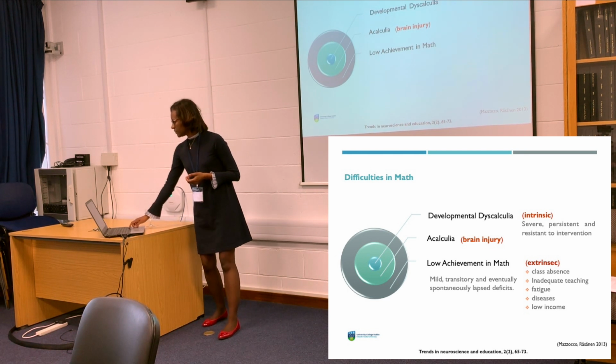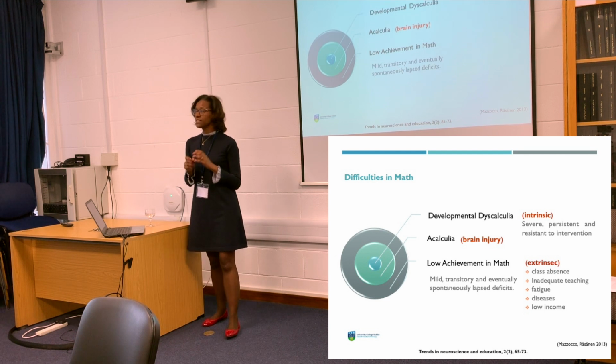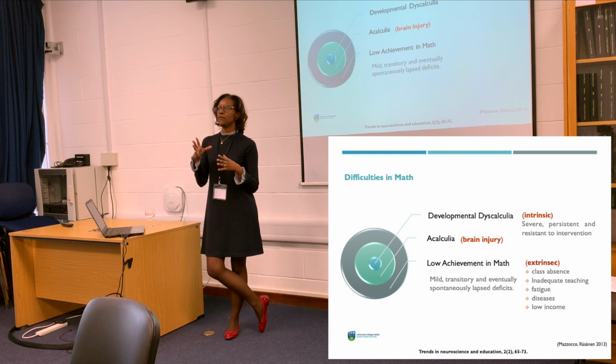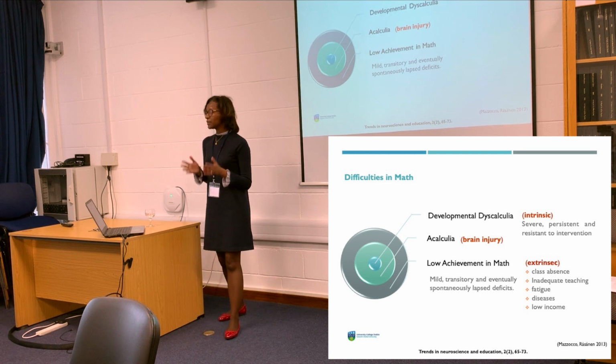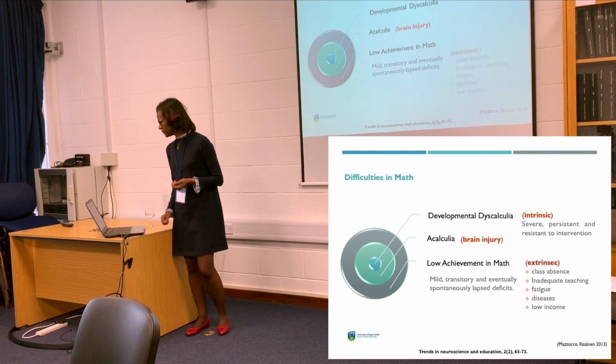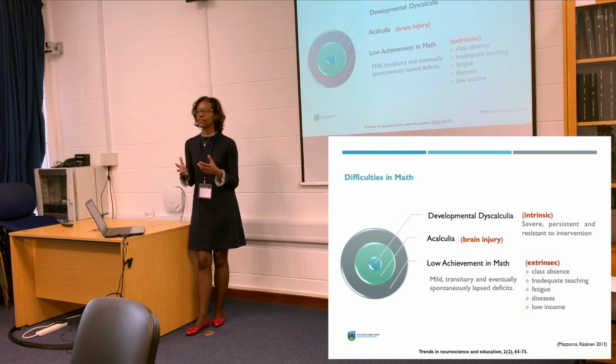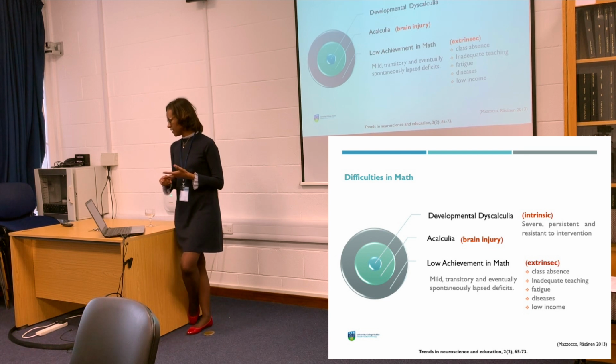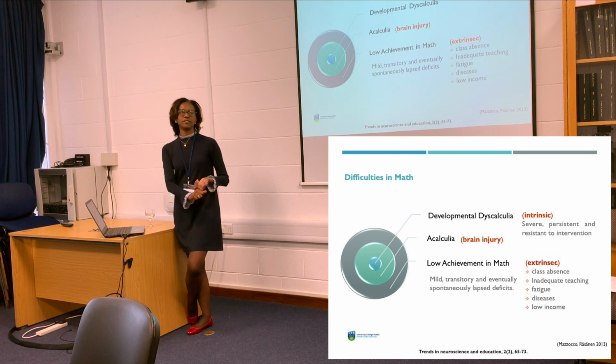When we see a different pattern, like mild, transitory, and eventually spontaneously lapsed deficits, then we are talking about extrinsic causes like class absence, inadequate teaching, fatigue, if the child has another disease, or if they are low income.